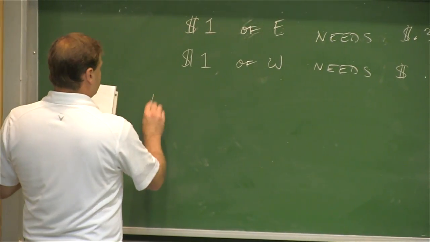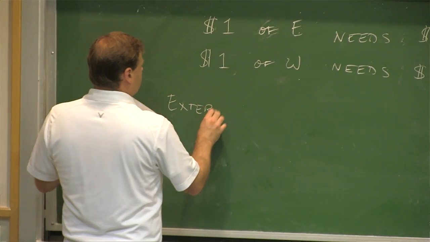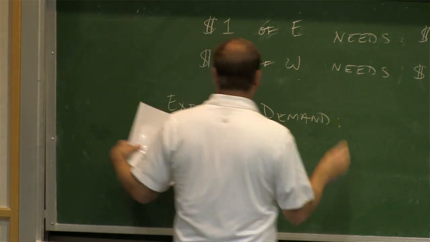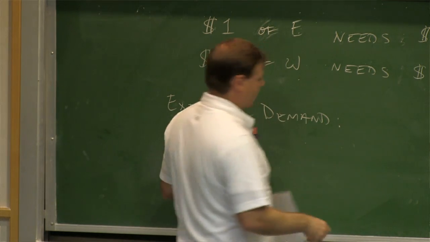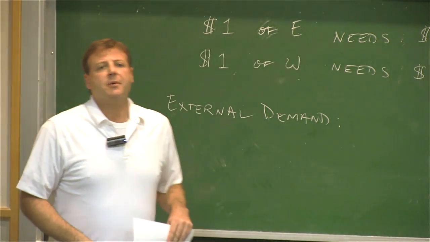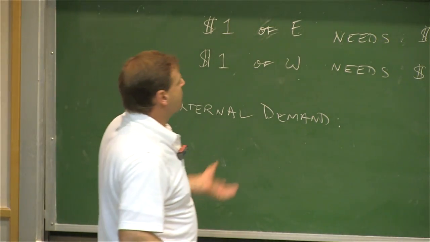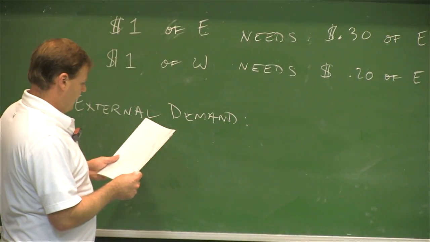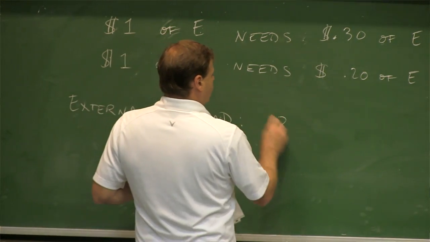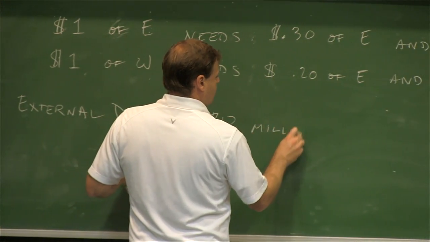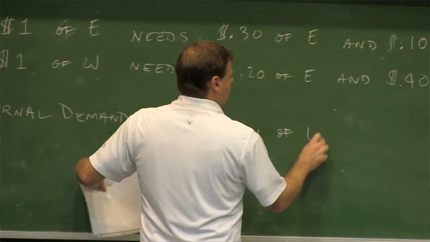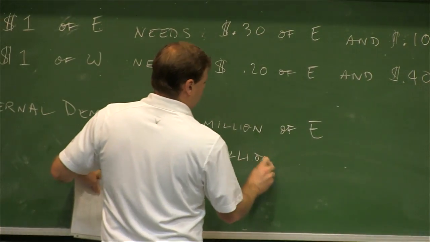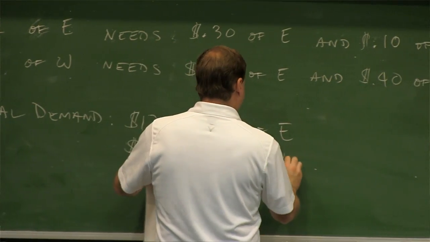Okay, and then let's take a look at the external demand. Let's say the population needs $12 million worth of electricity and $8 million of water.